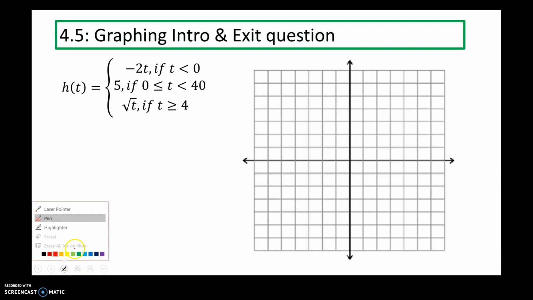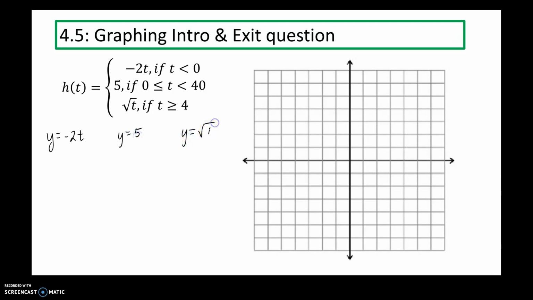Okay, so again, 3 functions: -2t, +5, square root of t. This is for t is less than 0. This should be a 4, not a 40. And then t is bigger than or equal to 4.